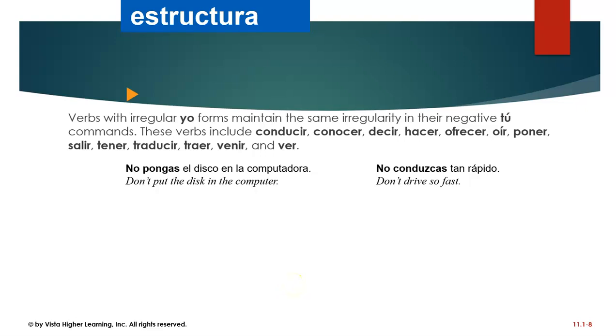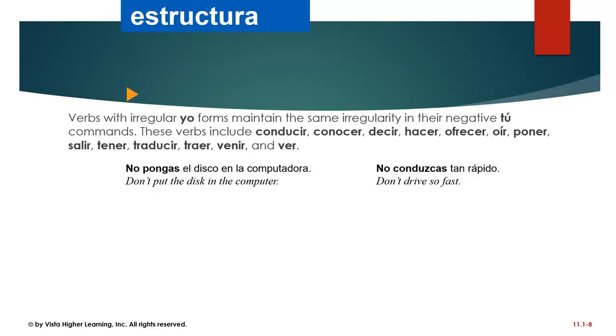Now, not all verbs end in O in the yo form. Okay? And even some that do, they're irregular. So like conducir, which is conduzco. Conocer, which is conozco. Decir, which is digo. Hacer, hago. Ofrecer, ofrezco. Oír, oigo. Poner, pongo. Salir, salgo. Tener, tengo. Traducir, traduzco. Traer, traigo.